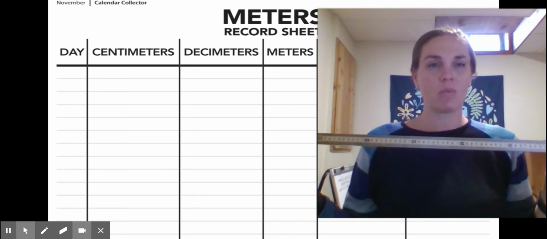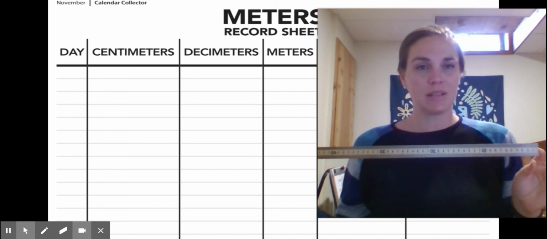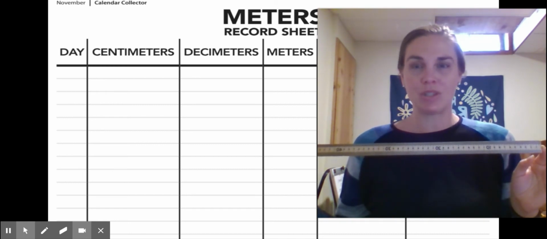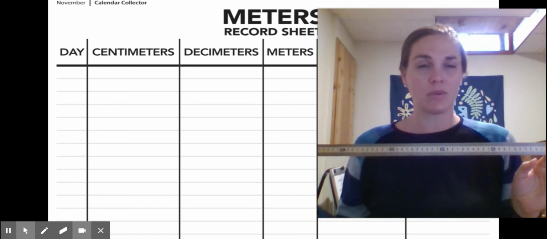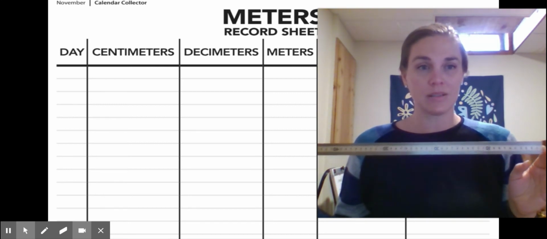So that makes me wonder, what would be showing me decimeters on this meter stick, and what would be showing me centimeters? So give me your best guess as to how many centimeters are in this meter and how many decimeters are in this meter.